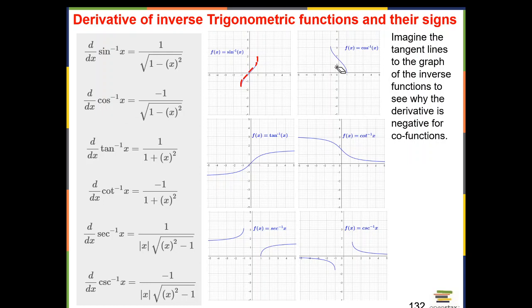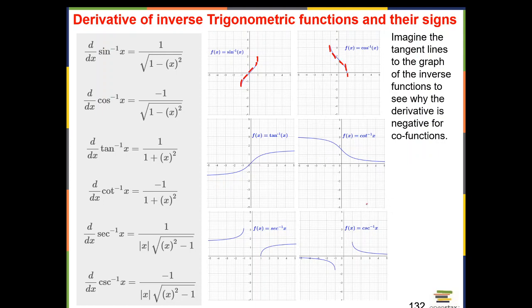Cosine inverse right here is negative, and notice that the tangent line is always what? Has a negative slope, and so forth. You can stop the video and try the rest of these and convince yourself that the sign of the derivative is actually correct. Okay?